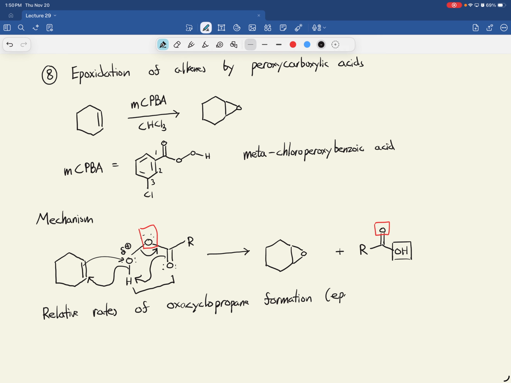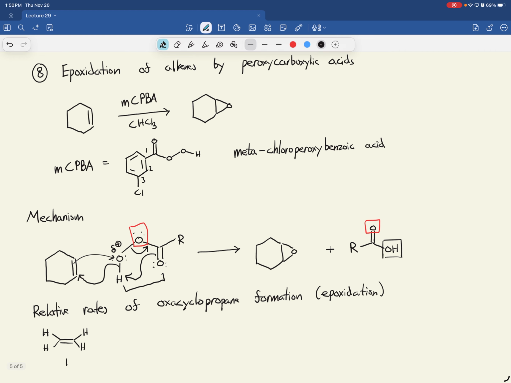All right, so this is epoxidation. If you just have ethene, this rate is 1.